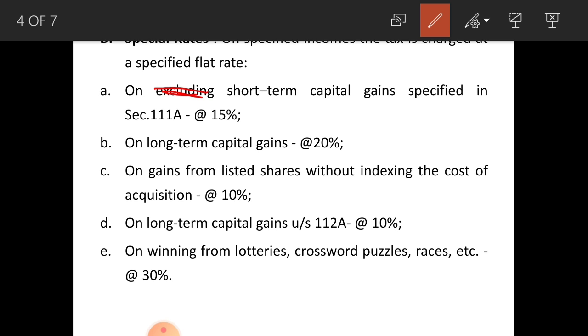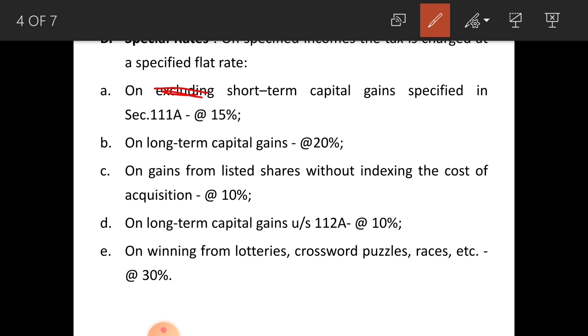Next, see, on long-term capital gains at 20%, and on gains from listed shares without indexing the cost of acquisition, the rate is 10%, and on long term capital gains under section 112A at the rate of 10%.